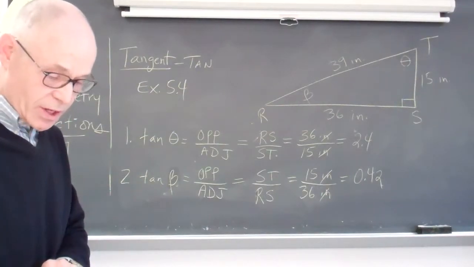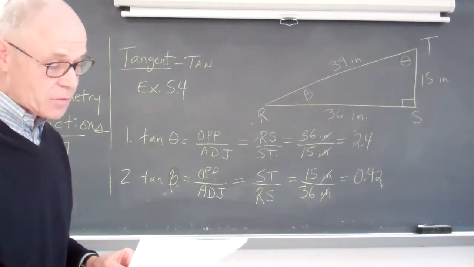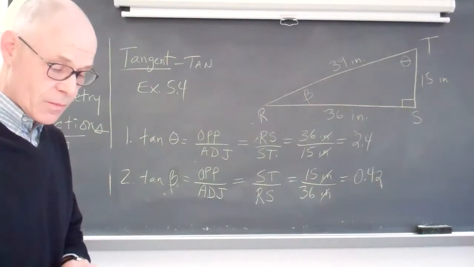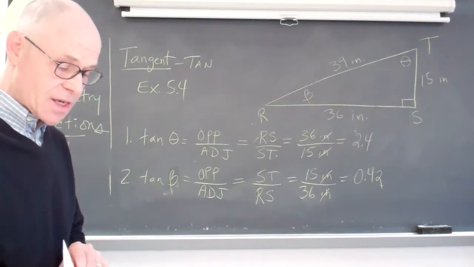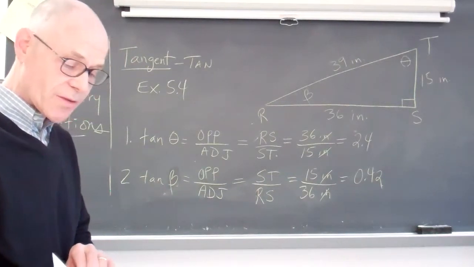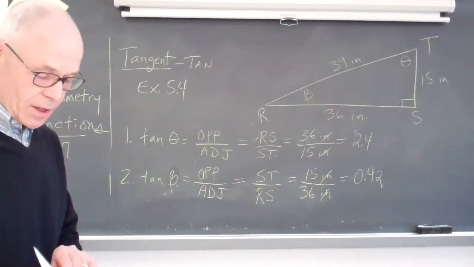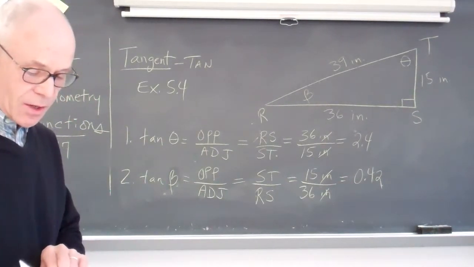Also on page 53, you're given the length of two sides, so you'll have to use the Pythagorean theorem to calculate the length of side DB, because that's not given to you. You'll have to do that first, and then you can use DB as appropriate in the sine, cosine, and tangent calculations.